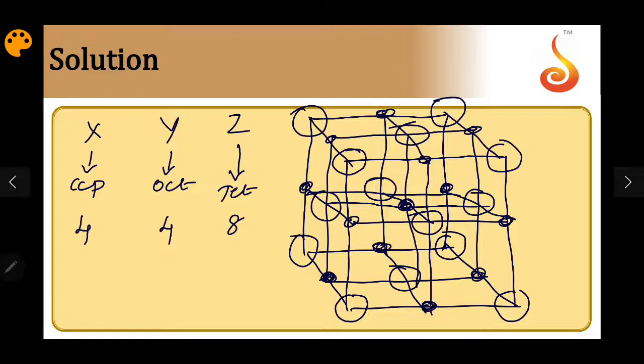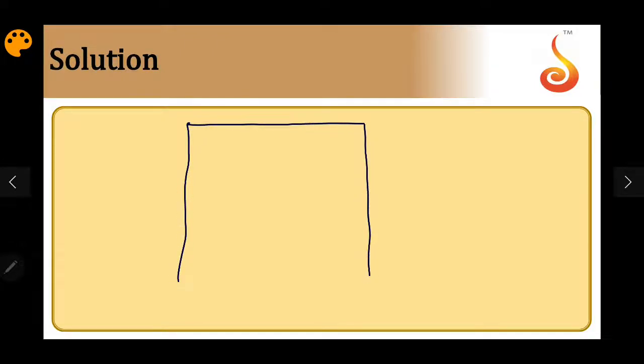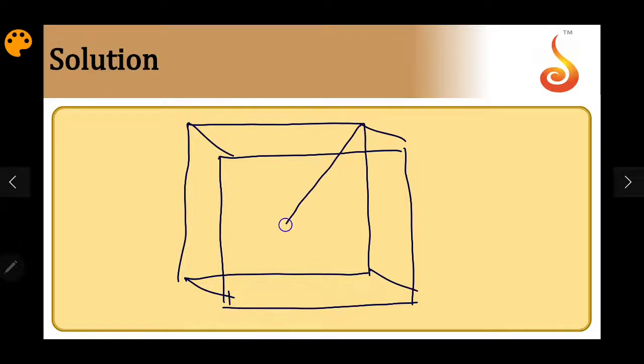Now if I remove the particles along the body diagonal, I'll see what exactly comes in the body diagonal. So I'll draw only one cube now. This is the body diagonal.